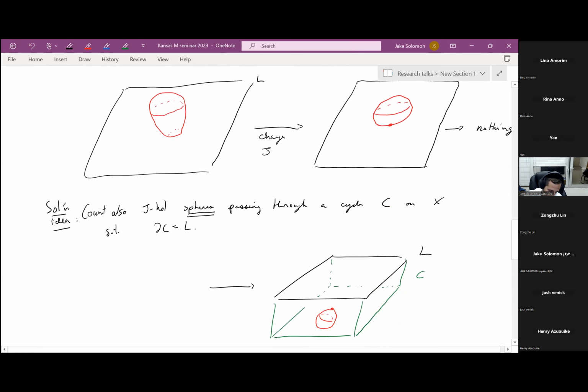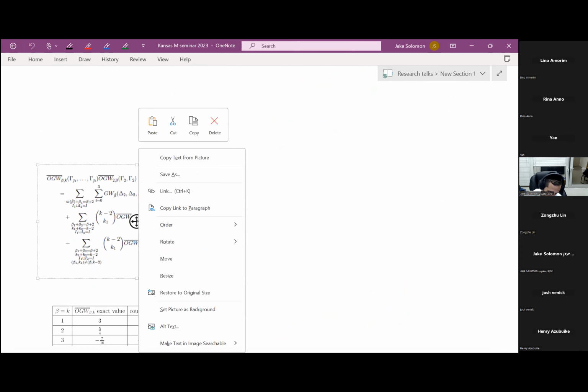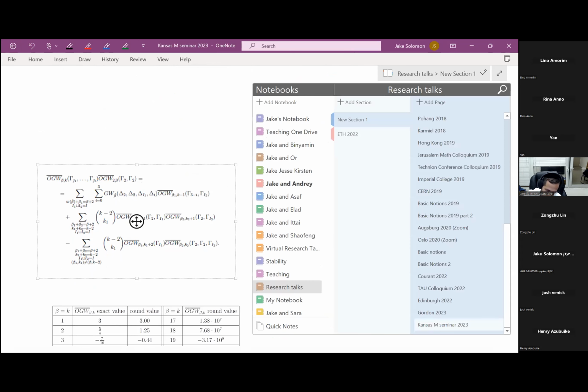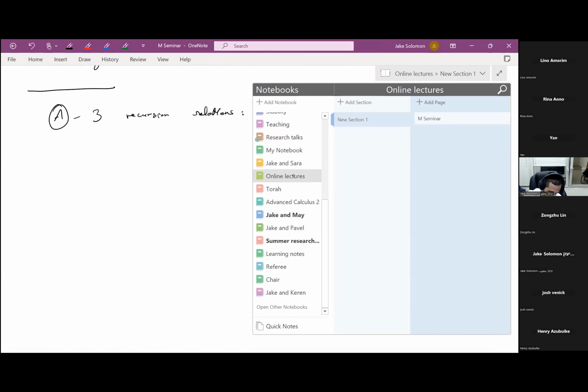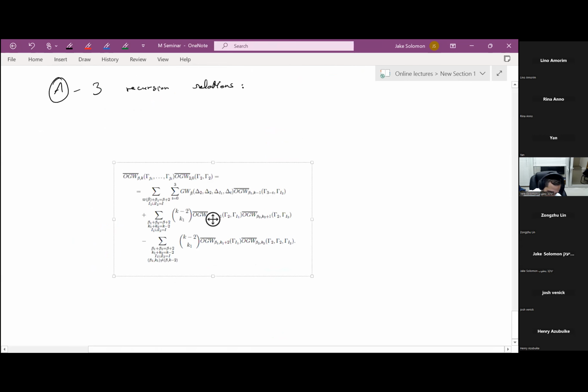There's a specific reason for this. So here's one of the recursion relations.